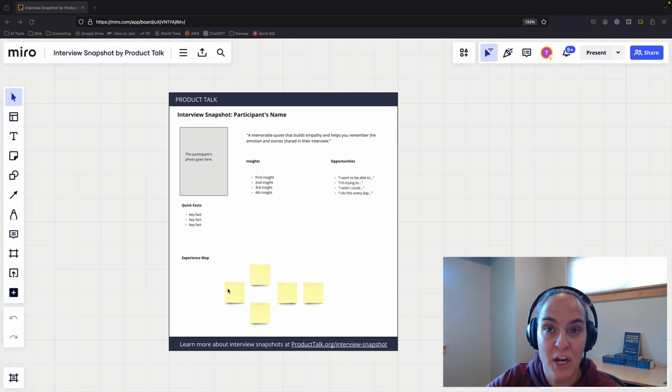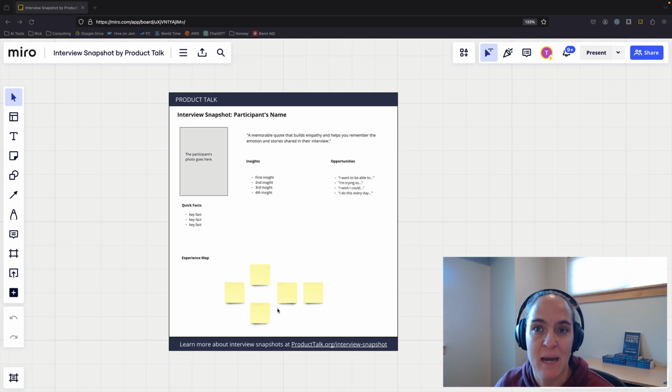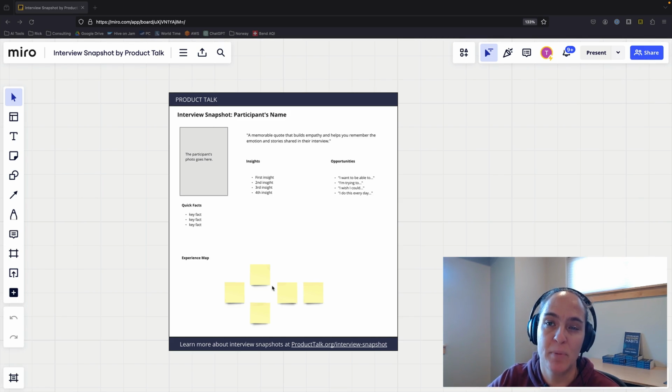And so what you want to do is put that story into a chronological narrative. Drawing an experience map that represents that story can be a nice way to do that. What's also nice about this, not only does it help us with synthesis, it's also going to help us with recall. So later, when we've forgotten this conversation, we can pull up the interview snapshot, look at that drawing, and quickly remember the story.